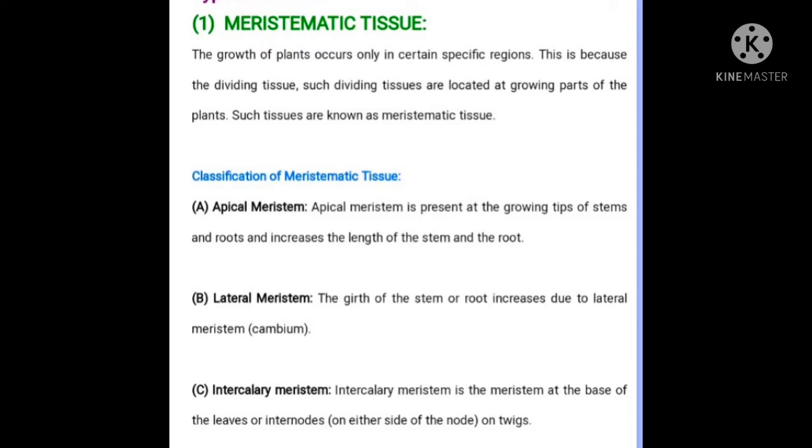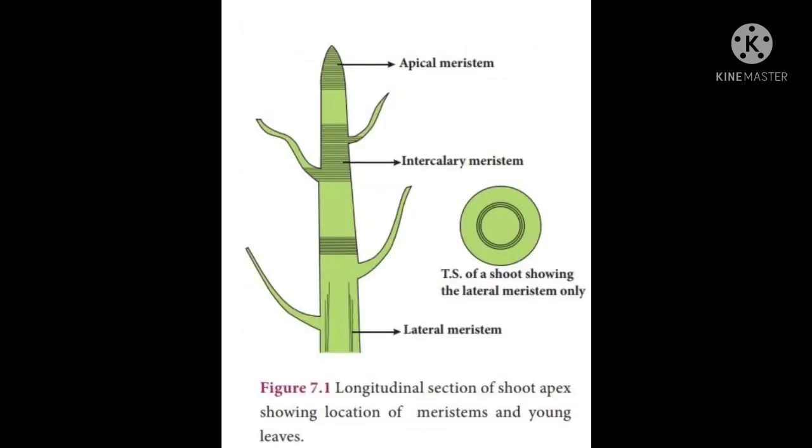Now one more image we will see of these meristems. Here is the image of the longitudinal section of shoot apex showing location of meristems and young leaves. Longitudinal section means it is cut from the top straight; cross section is cut from the side.